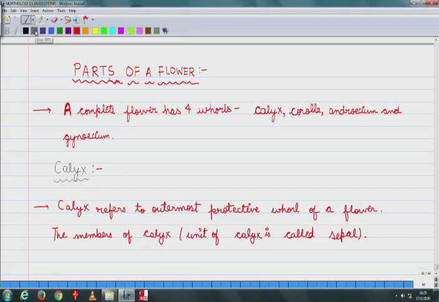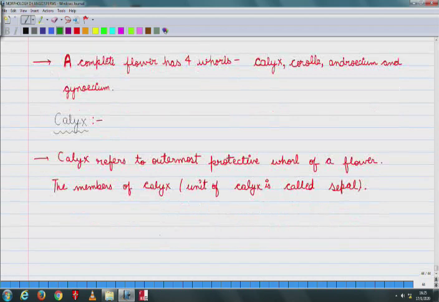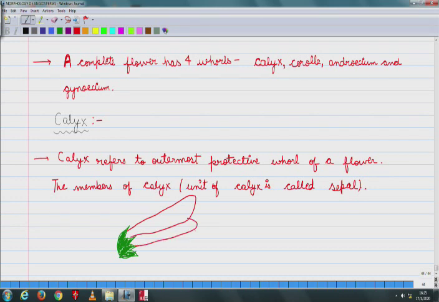Okay. Now let us see what calyx is. Any flower that you see normally always shows some outer green colored structures.